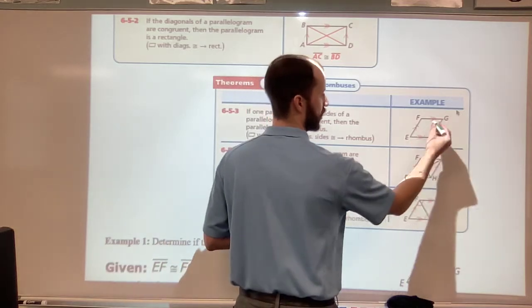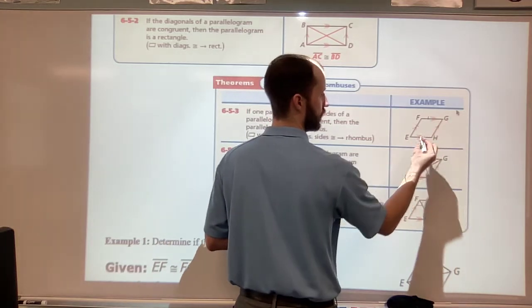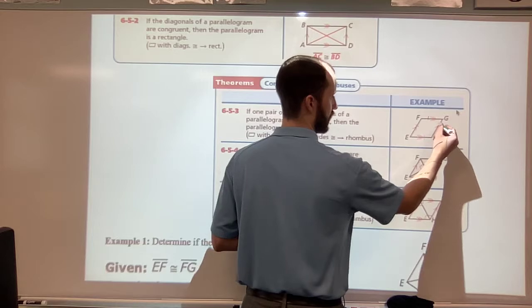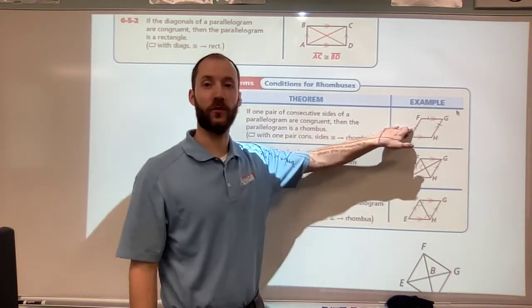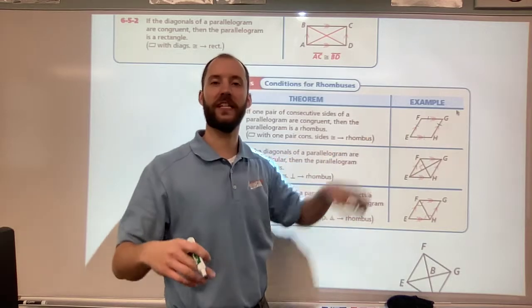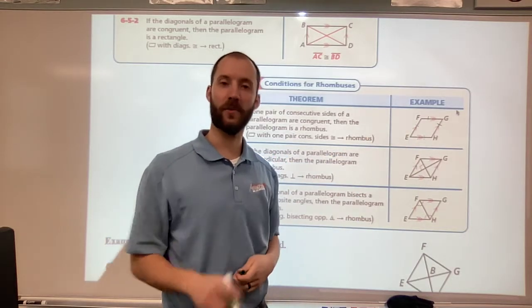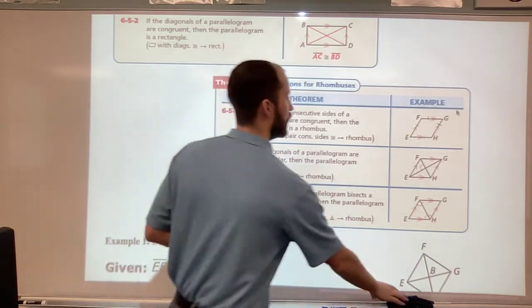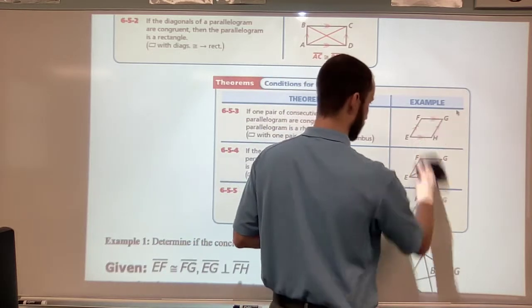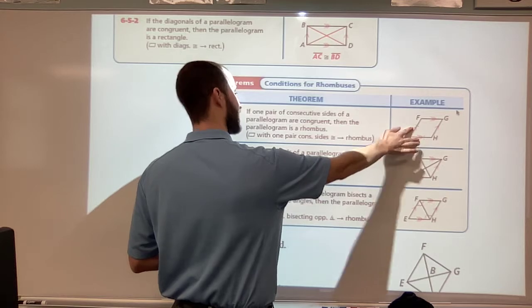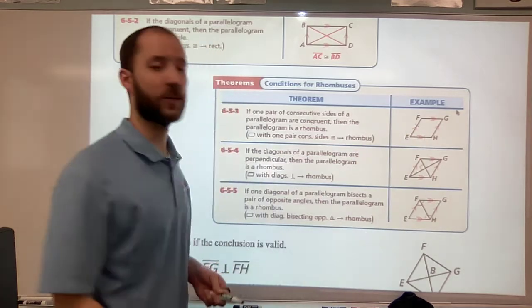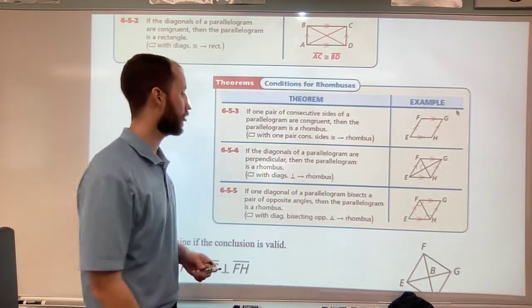So EH is congruent to FG, EF is congruent to HG, and now we have all 4 sides congruent, which is the definition of a rhombus. So the bare minimum is only one set of consecutive congruent sides.